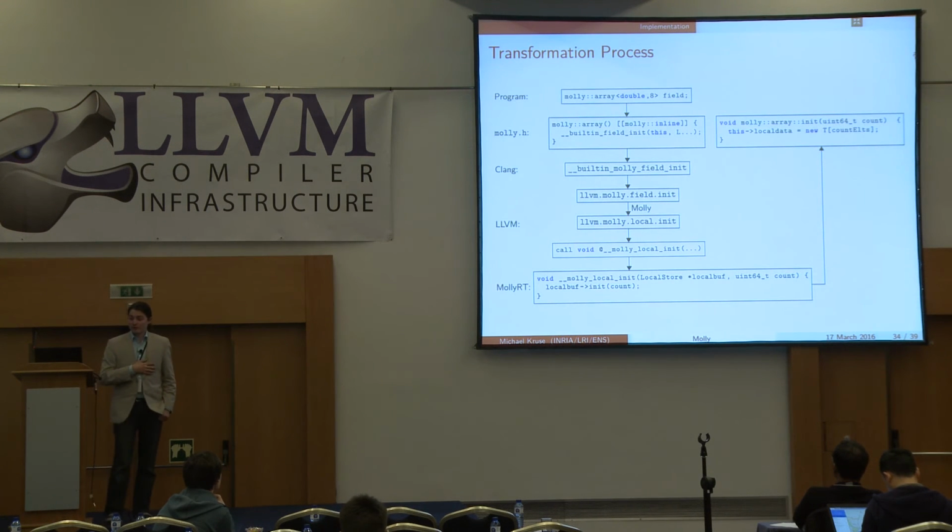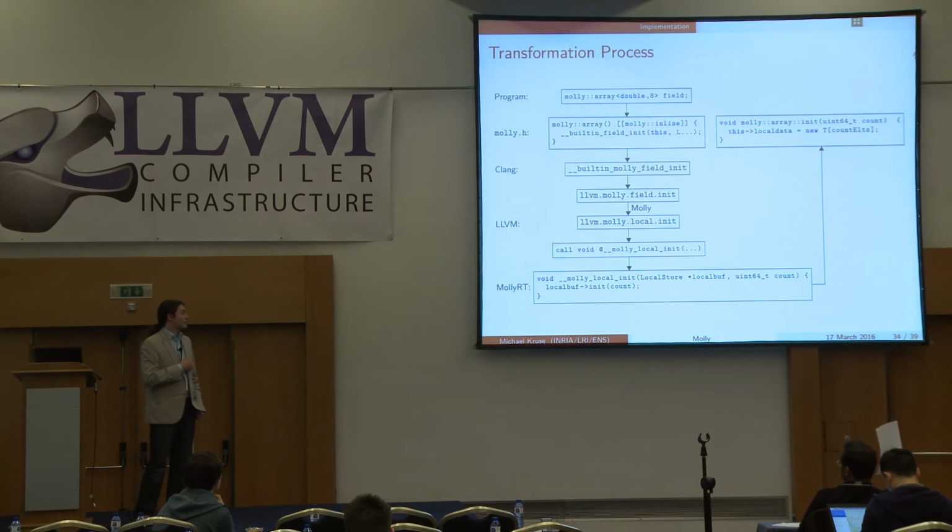So for a close-up, for an example, for the initialization: in the program, we would, for instance, declare an array. In molly.h, it says there's a constructor. It's unconditionally inline; that's what the attribute says there. And it has a Clang builtin, saying this is the initialization of the field.